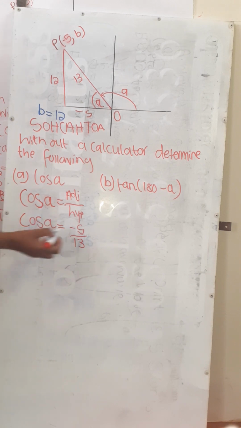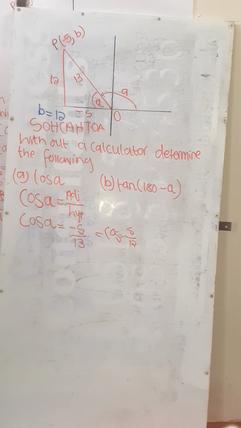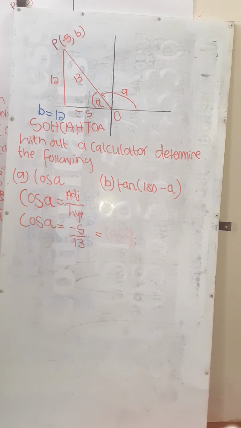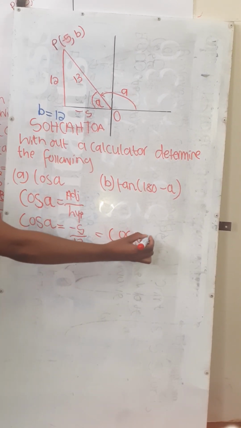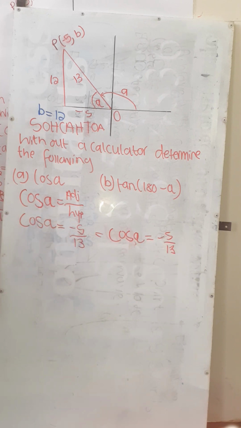The answer will be written as cos alpha equals negative 5 over 13. So we have determined A.